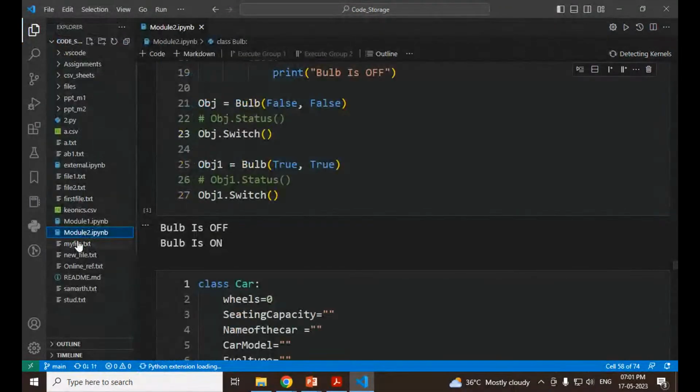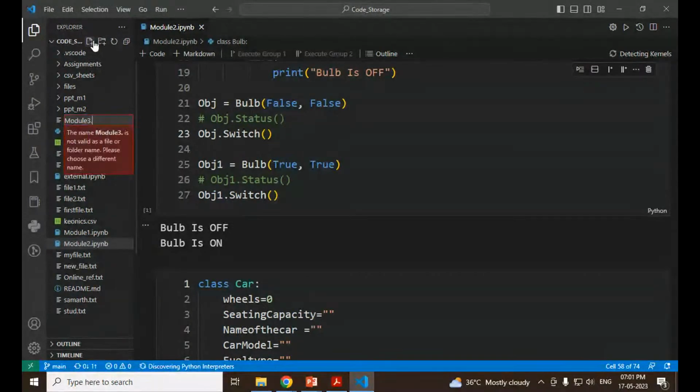Let's take the next file, that is the module-read ipynb.